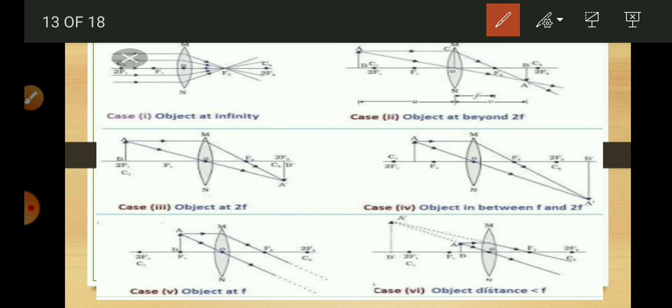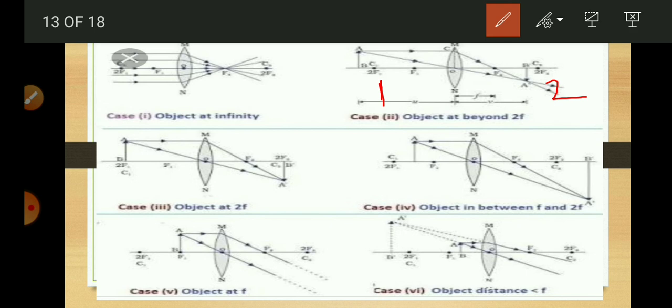Now another case is when the object is beyond 2F1. So this is 2F1 and this one is 2F2. When the object is placed beyond 2F1, as I told, we need to consider two rays from the top of the object.